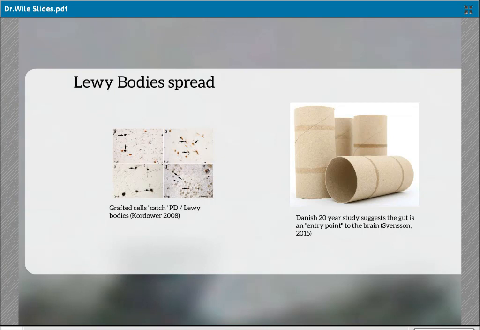And so that was a very compelling piece of research that showed us that this alpha-synuclein and these Lewy bodies actually kind of progress and spread through the brain. And so what the field has been trying to do since then is determine a way to stop that from happening. And we'll come back to that near the end of the presentation.